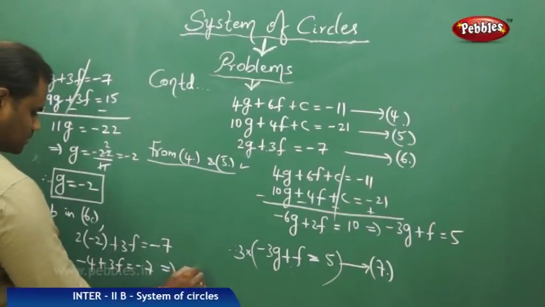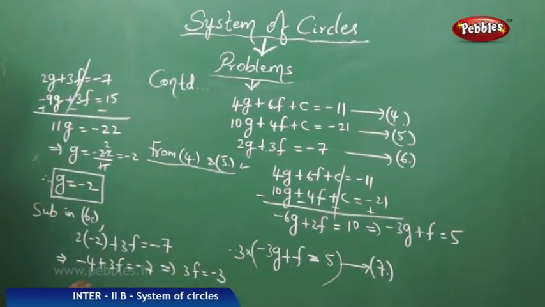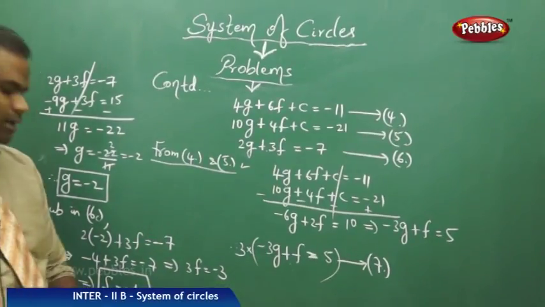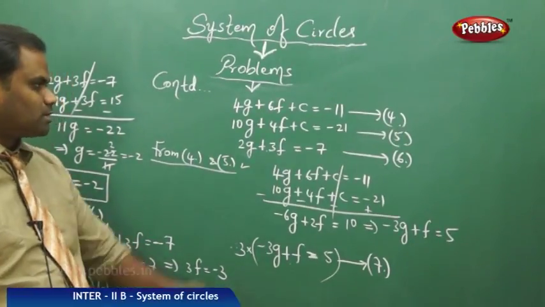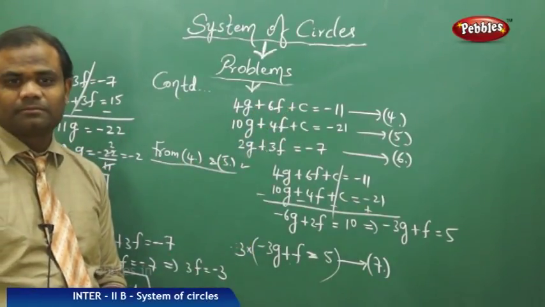That implies 3F is 4 minus 7, which is minus 3. That implies F is minus 1. So G is minus 2 and F is minus 1, which when substituted in either 4 or 5 gives us the value of C.